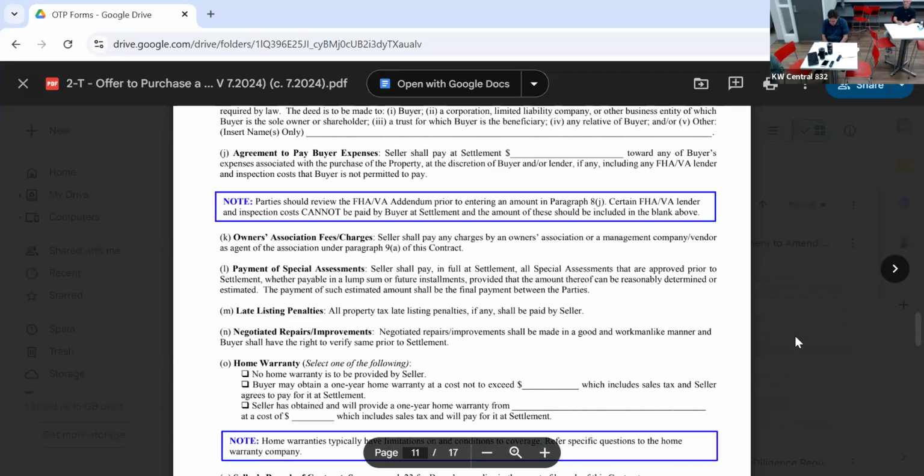Negotiated repairs and improvements shall be made in a good and workmanlike manner, and buyer shall have the right to verify same prior to settlement. So if you were on the buy side and the seller agreed to make a repair, get a receipt to prove that it was made, and go back out and verify that the repair was made.